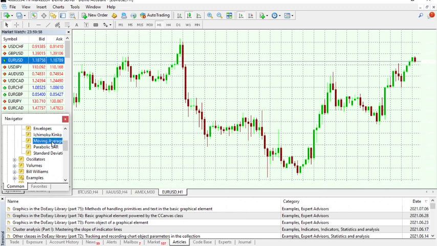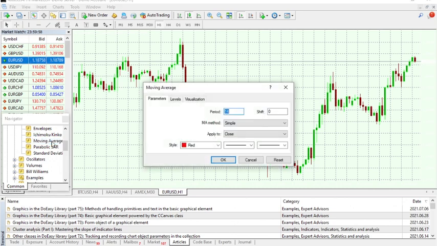Then your moving average, you left click on that to bring out the 14 period. Here is where you change it to the exponential moving average. As you can see, you have smoothed, linear weighted, and simple. But this trick I'm about to teach you is used in exponential.